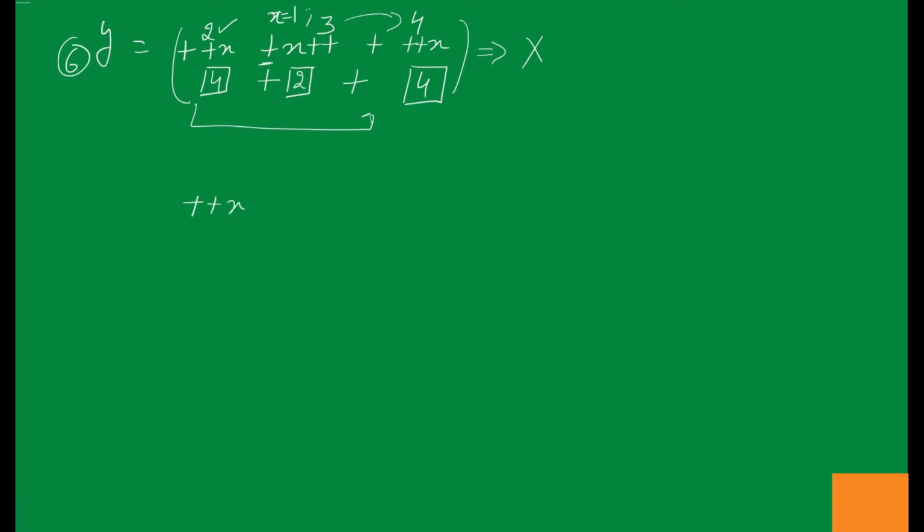This is ++x + x++ + ++x. Initially we think it should work like this, but no. When the compiler resolves this, it takes these 2 operands first, because this is a plus, so it resolves it first. If we start working from here, it takes ++x then x++, and the rest will be evaluated later on.